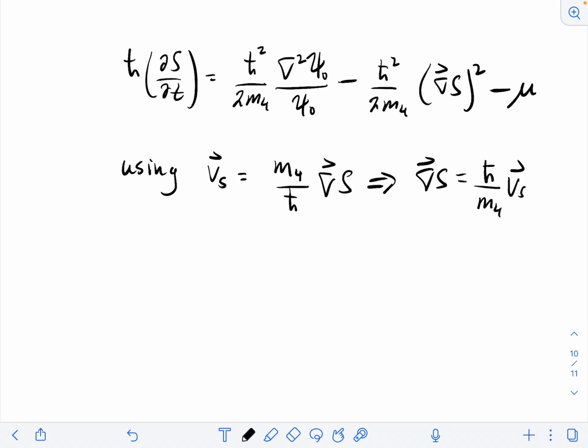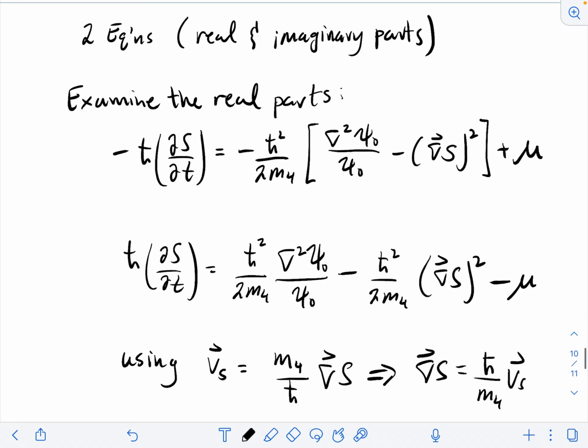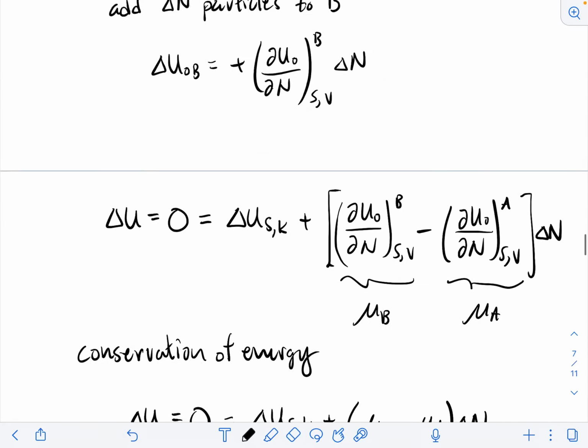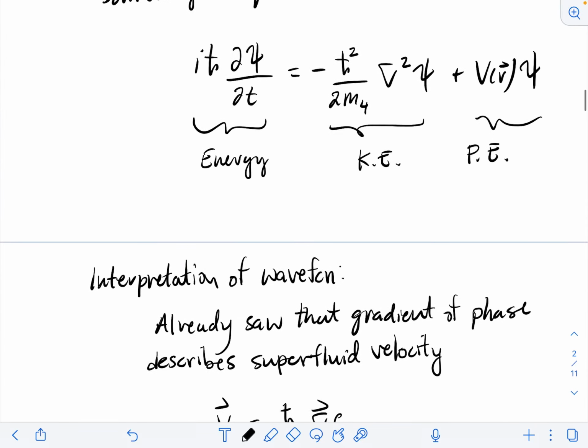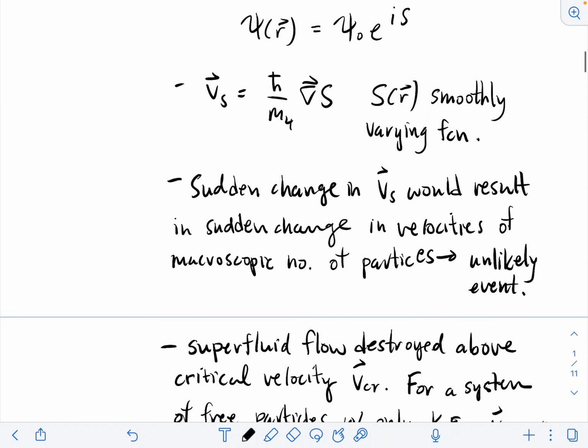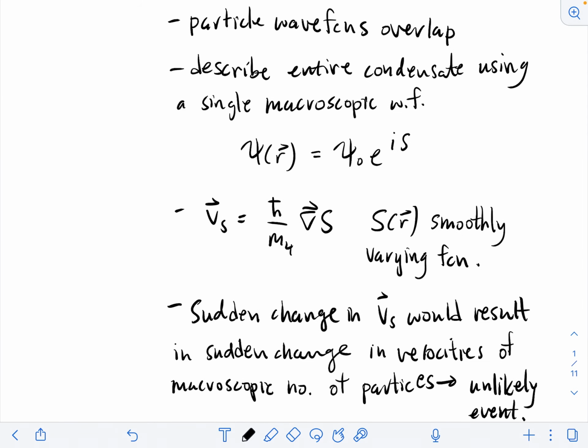Let's go back and check. We started with a summary here where the superfluid velocity is ħ over m times the gradient of S. So I think I wrote that the wrong way.